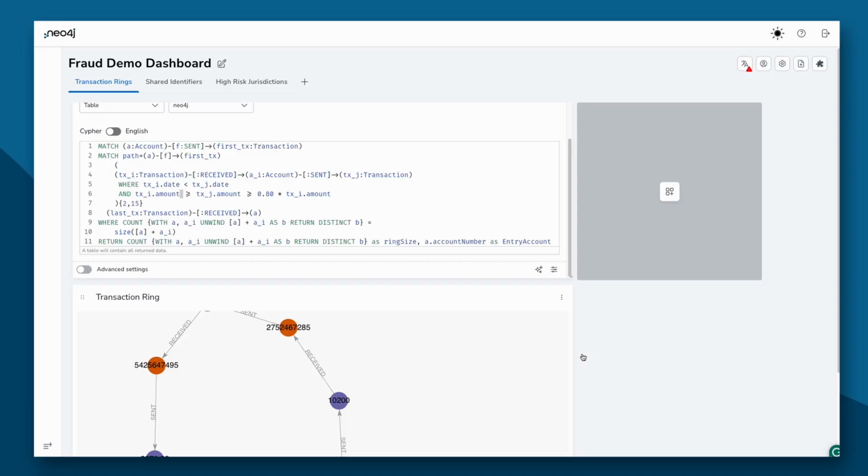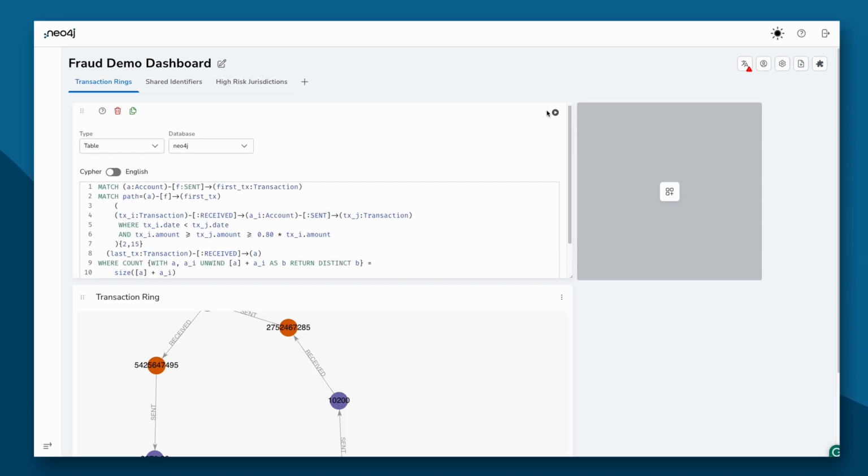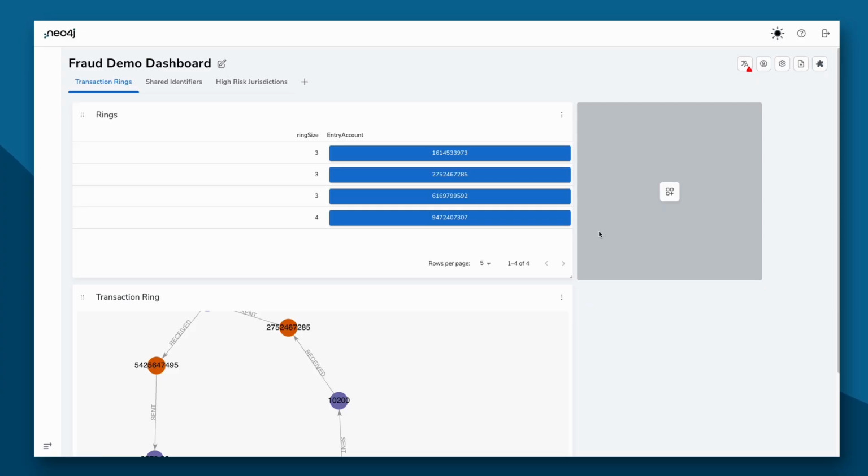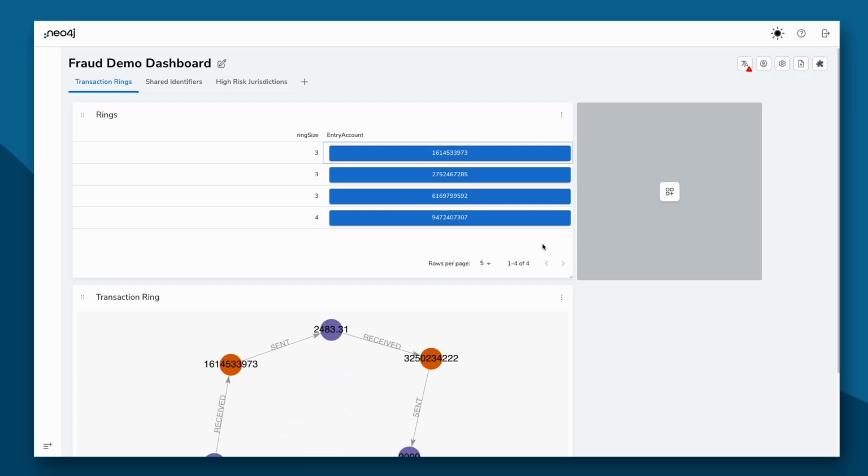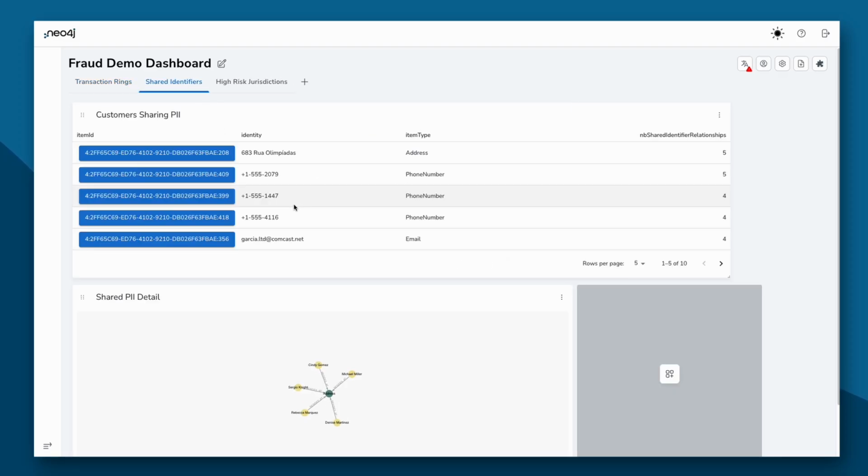So ultimately, what are we seeing here with a graph database? We're seeing a very simple, easy to write, easy to understand, and highly performant query. You can see how fast these queries are running in a graph database that can help us detect suspicious patterns, such as transaction rings. Now let's move on to the second pattern, looking for shared identifiers.